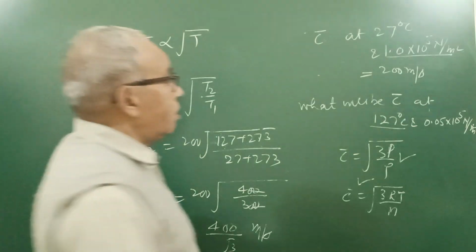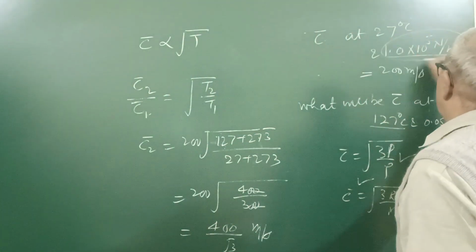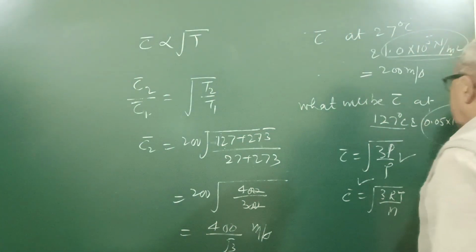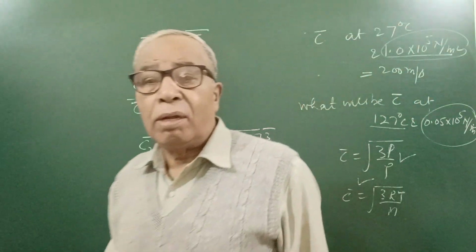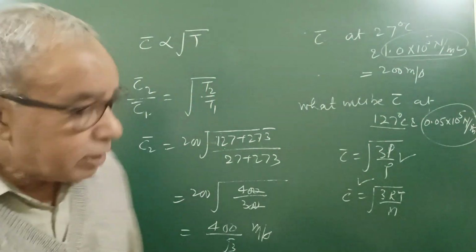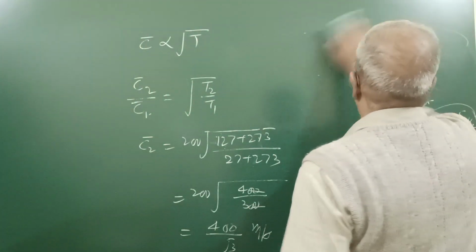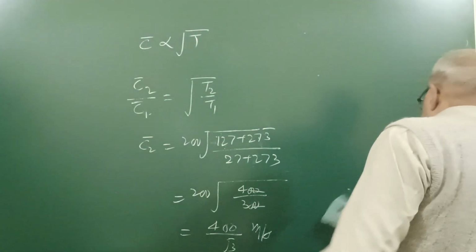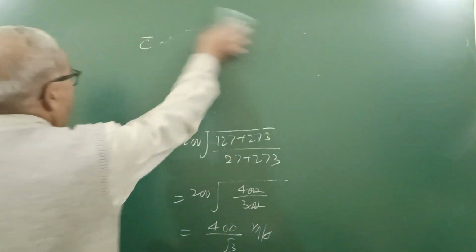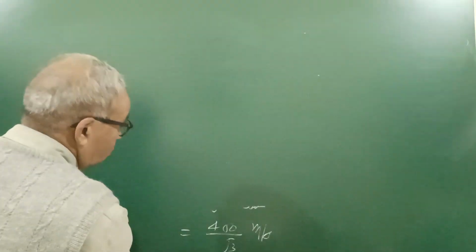So don't think there are two things here. These two things together create a little tension among the learners. Velocity, or root mean square speed, is proportional to the square root of absolute temperature.